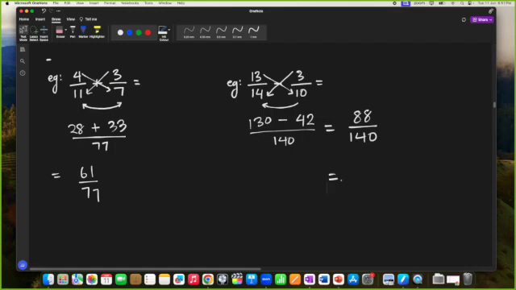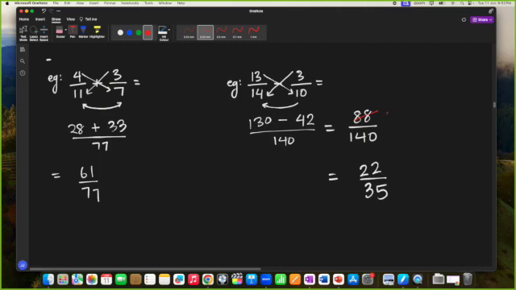Now, in terms of the calculator, I'm just going to put 88 button 140 equals, and I see that it goes down to 22 all over 35. Now, if you didn't have a calculator, you would have had to figure out that if I divide 88 by 4, right?